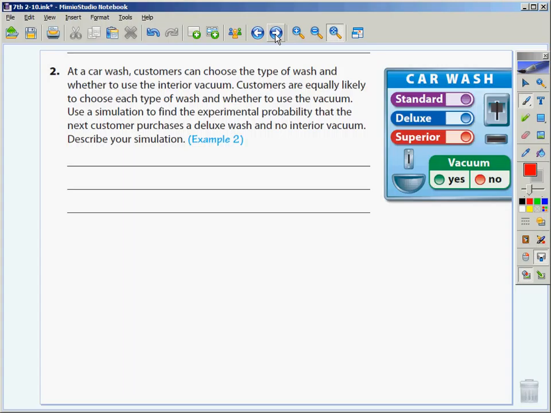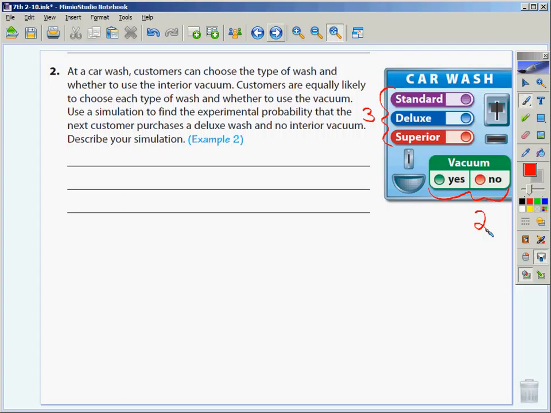Use a simulation to find the experimental probability that the next customer purchased a deluxe wash and no interior vacuum. Describe your simulation. Okay? How many possible events are here? 3. How many possible events are here? 2.